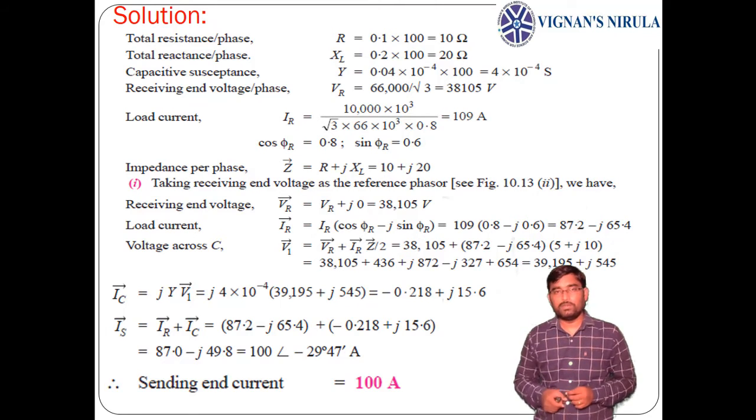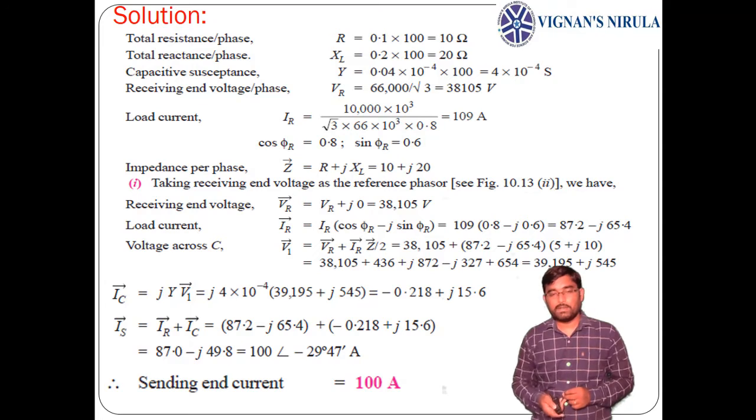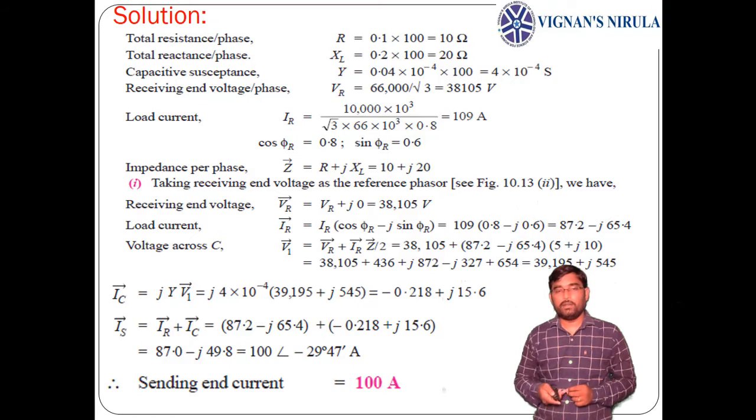After getting the voltage across capacitance, we can find the current flowing through capacitance as charging current, IC equals j Y into V1. So j into Y means 4 into 10 power minus 4, V1 is 39,195 plus j 545. Together it gives minus 0.218 plus j 15.6 amperes. After getting the charging current, we can find the sending end current by applying KCL at the midpoint, that is Is equals IR plus IC.